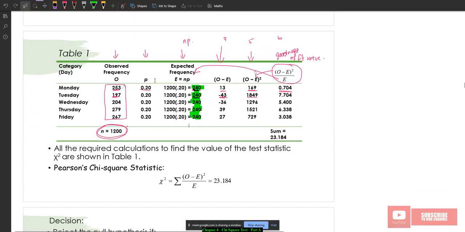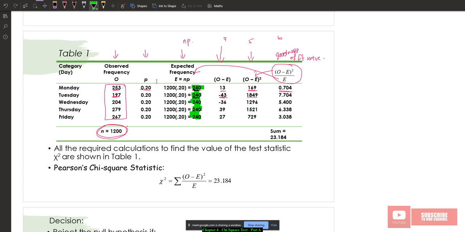If we have an expected value less than 5, we need to combine. Either we combine or we omit that category. Normally we combine the categories, right? So now I will show you in the next example when we have an expected value less than 5, right?